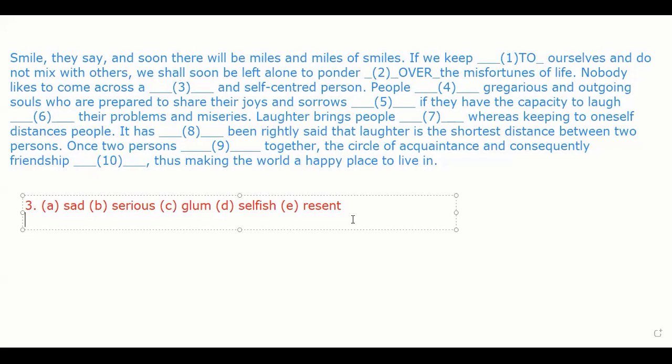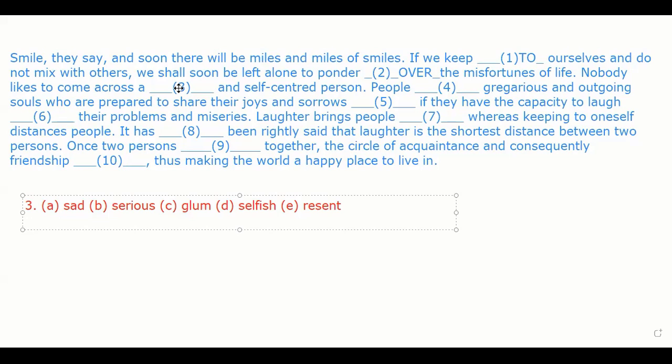Is it like happy? Is it like sad kind of? Nobody likes to come across a dash and self-centered person. Depressive. Yeah, it's like sad, depressing. Actually, glum is more used where, see, I'll tell you the difference between sad and glum. So the answer has to be either sad or glum. Selfish will not come, because they're not talking about a person being selfish, they're talking about whether a person is happy or social or lives alone or not.